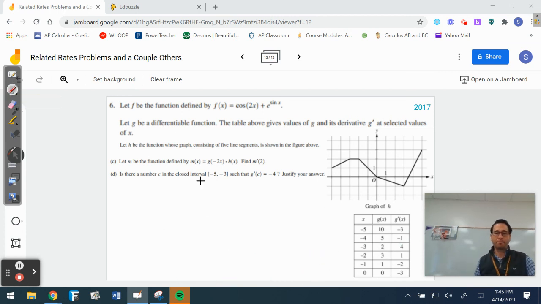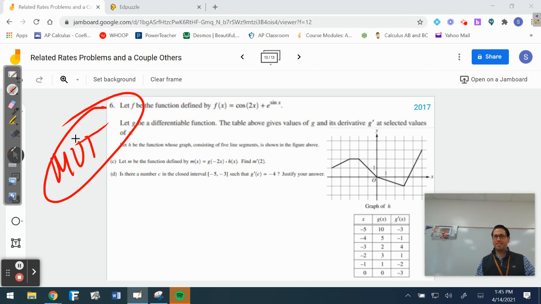All right, part D. Is there a number C in the closed interval such that G prime, oh my gosh, this screams MVT. And if it screams MVT, what have I taught you to do in class?